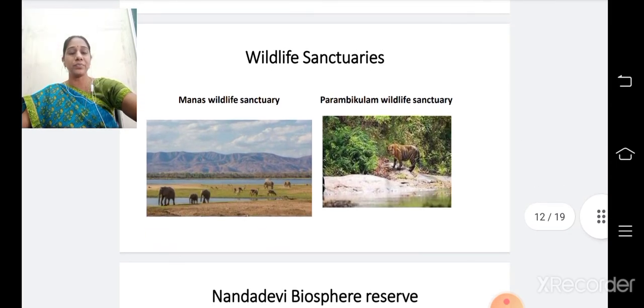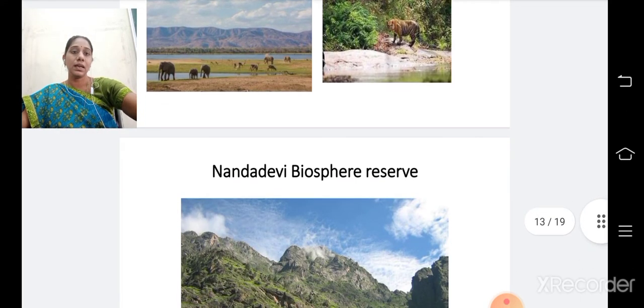Here wildlife gets protected. These are also large areas where we can find many animals. They get protected in these areas. You can see Manas Wildlife Sanctuary, Parambikulam Wildlife Sanctuary. All over India there are 553 wildlife sanctuaries.